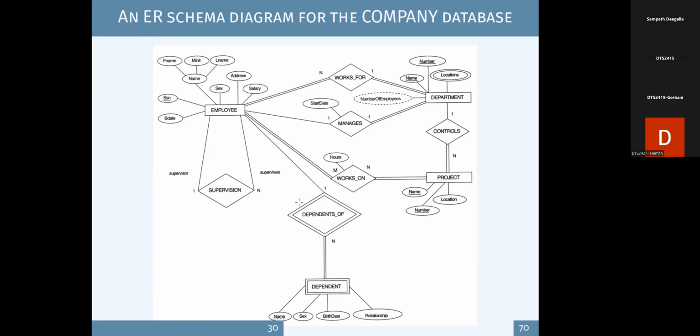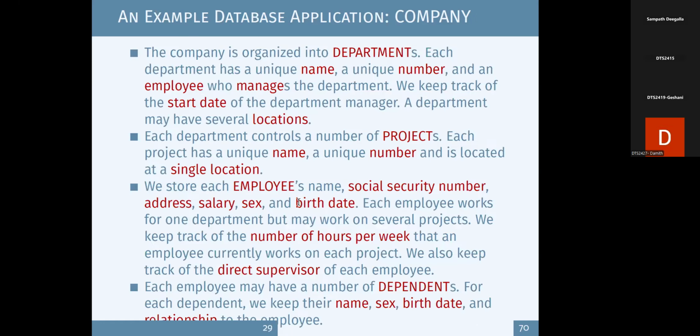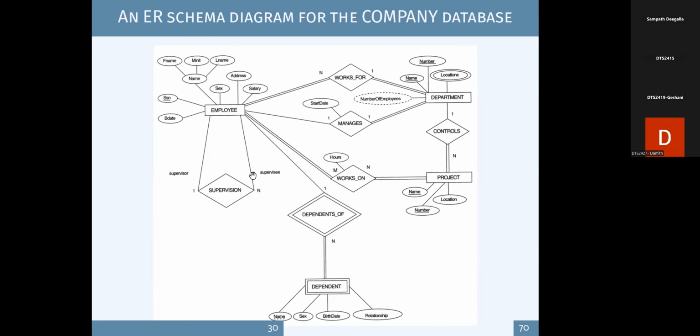Right. And then if you go further, for each employee, you have supervisors. So what it means is you can see we have a supervisor, again, a relation with the same entity type, right?